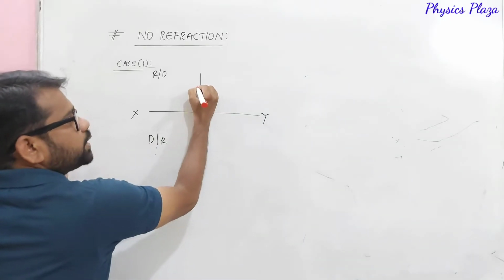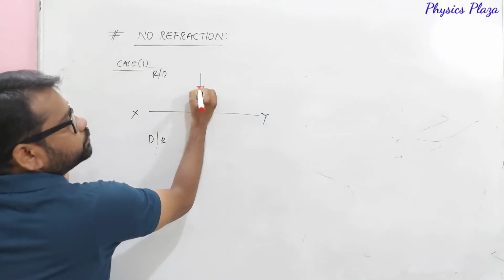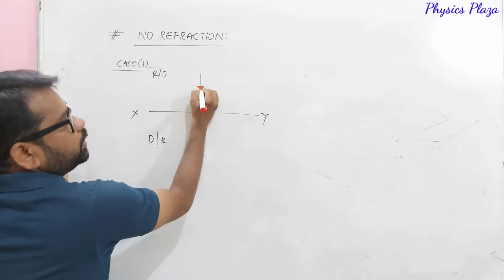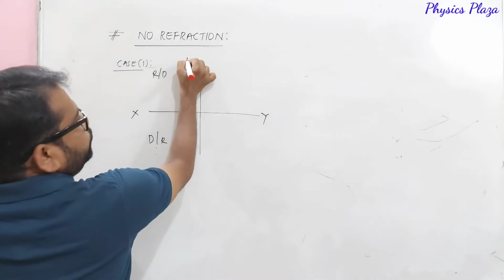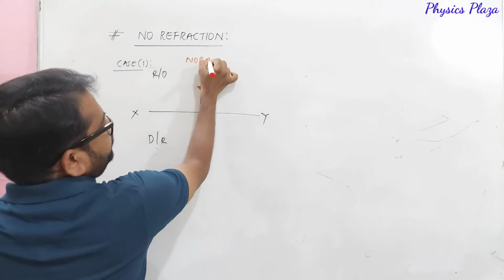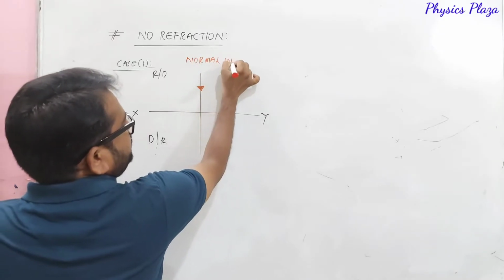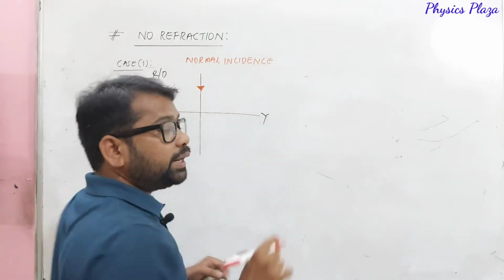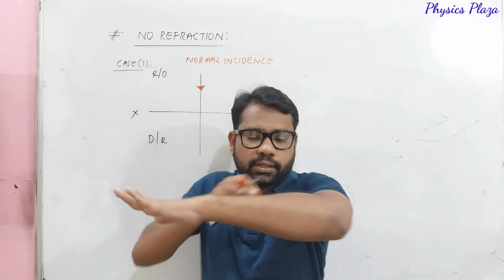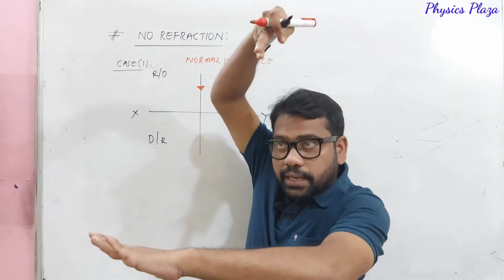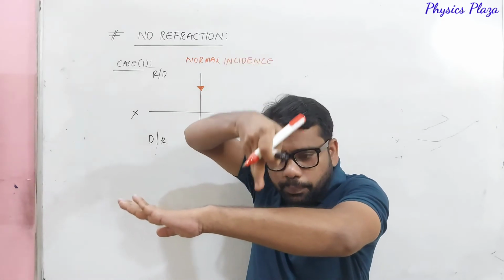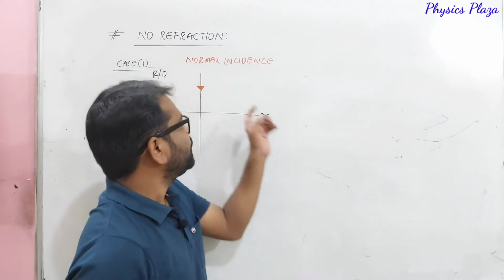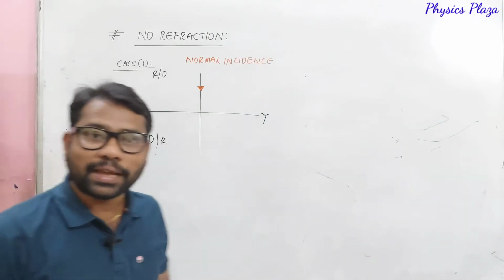If the light is passing along the normal, we call this normal incidence. So light is incident perpendicular to the interface between two mediums. Children, in this case, what is the angle of incidence?